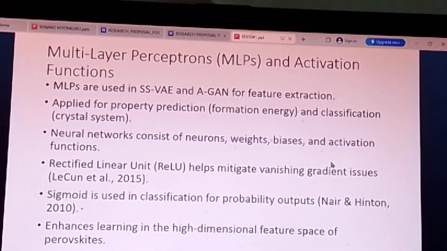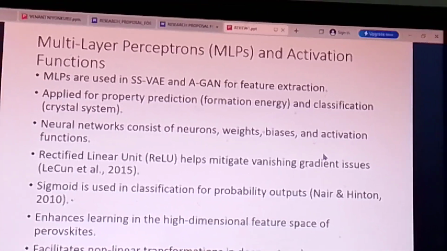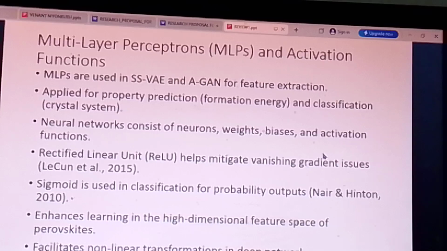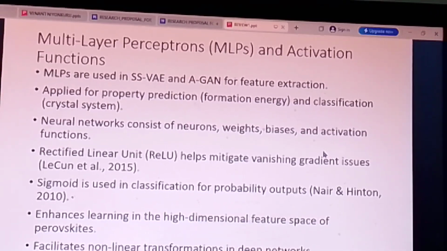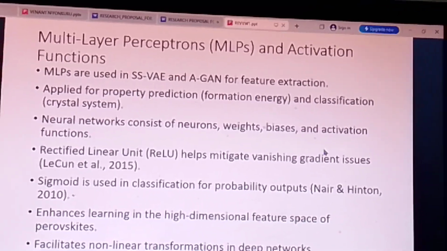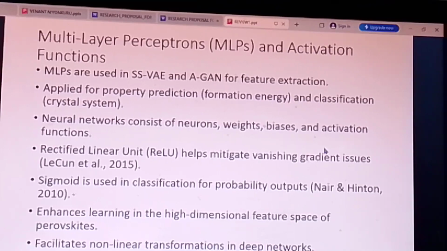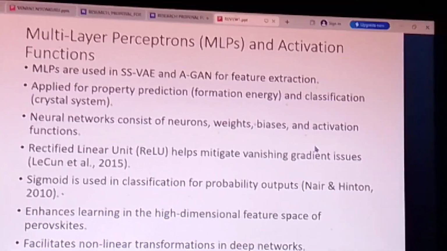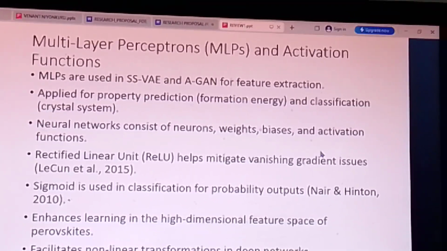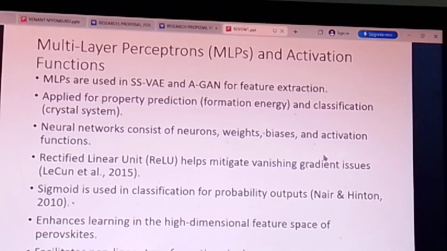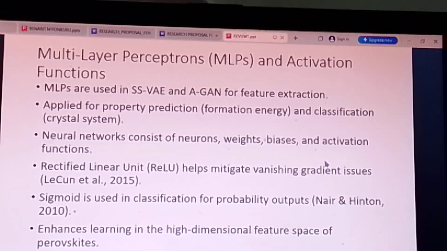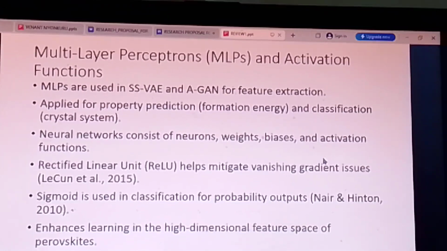The multi-layer perceptron and activation functions are used in SSVAE and NAGAN for feature extraction, applied for property prediction and classification.